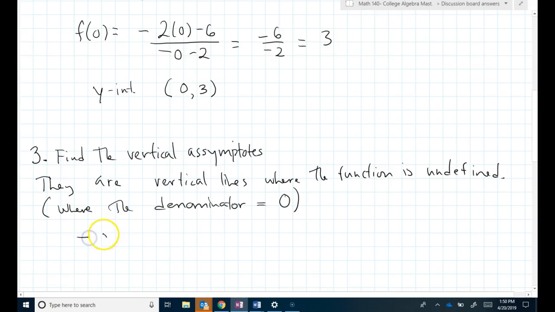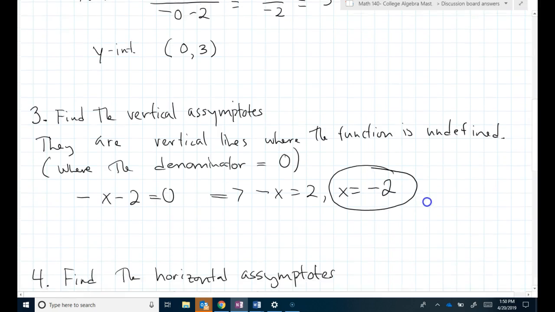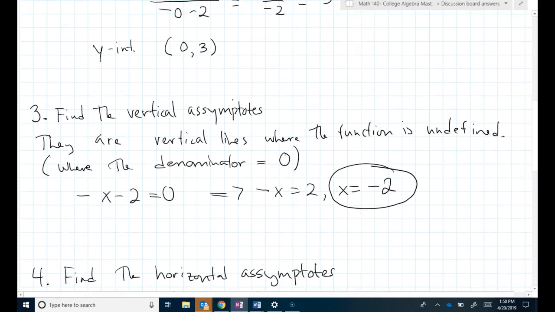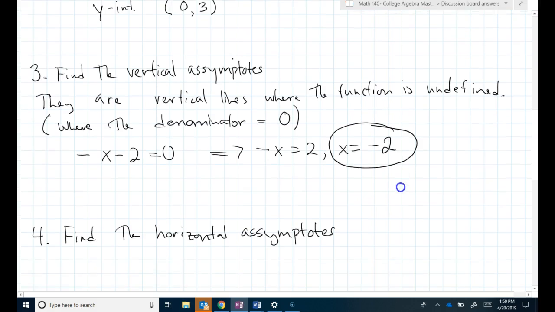So in this case, negative x minus 2 equal to 0 means negative x equals 2, or x equals negative 2. And this is going to be the vertical asymptote, x equals negative 2. Sometimes you might have 1, sometimes you might have 2, you could have 3, 4; it just depends upon the actual rational function. For the purposes of our exam, you're only going to have a maximum of 2 vertical asymptotes.